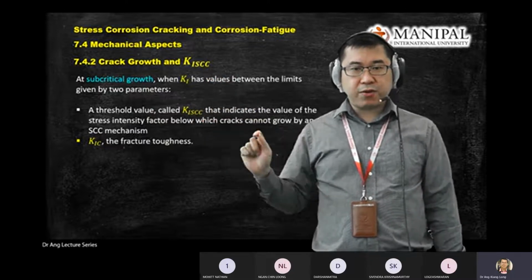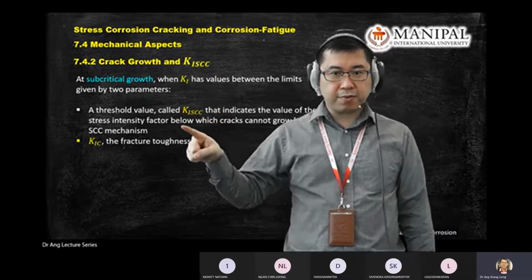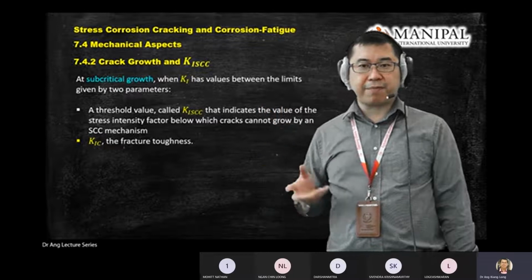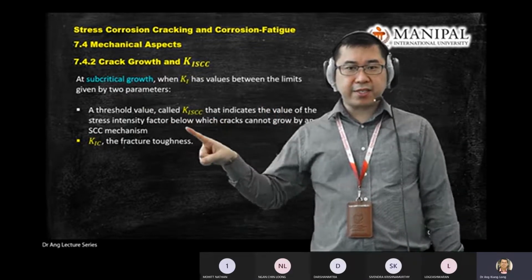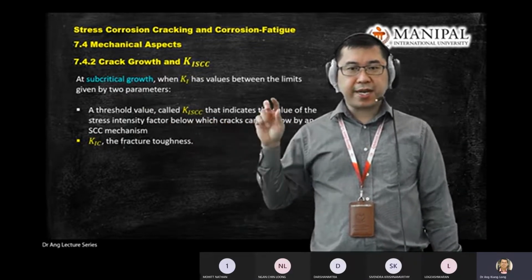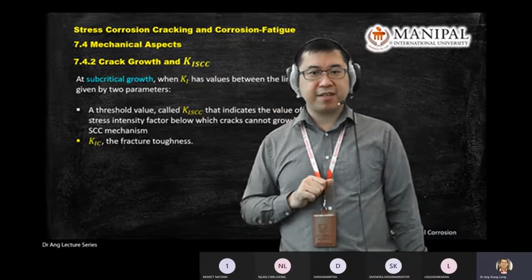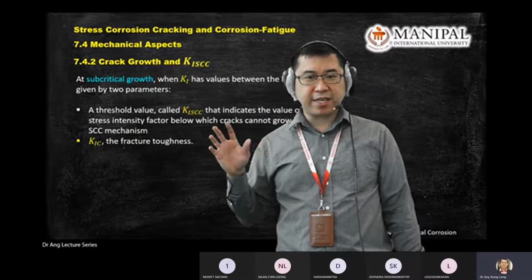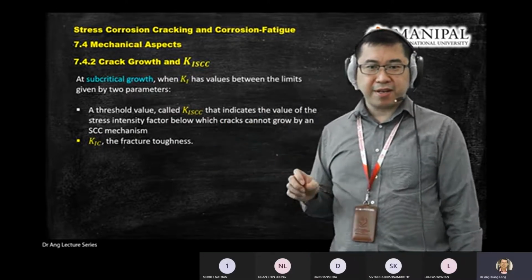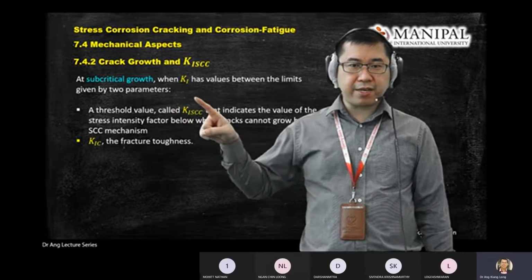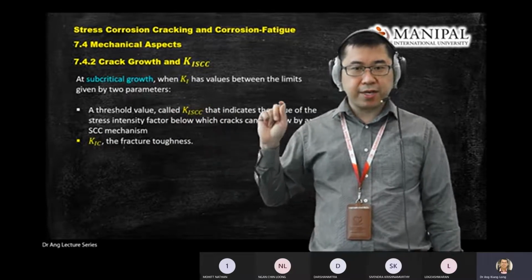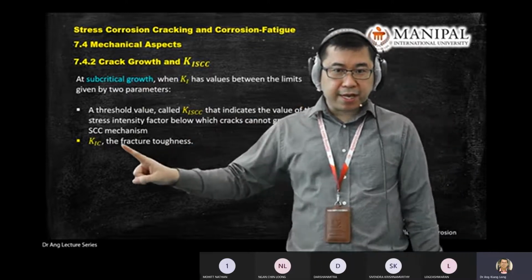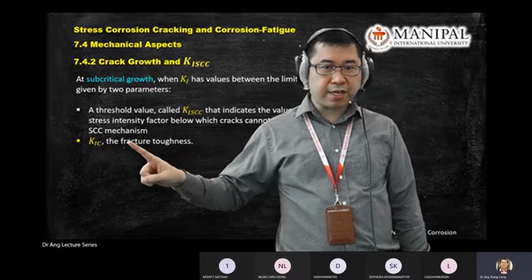If you have a value below this KISCC, SCC cannot happen. As long as this value is reached or exceeded, then SCC might happen. Then another one is the fracture toughness, KIC.